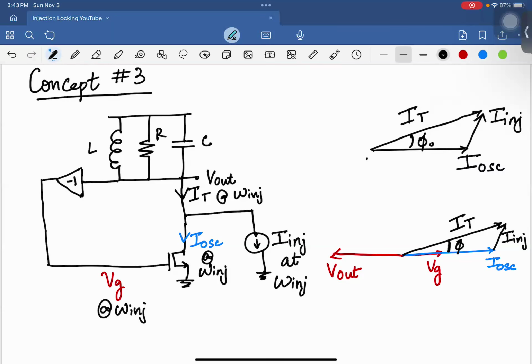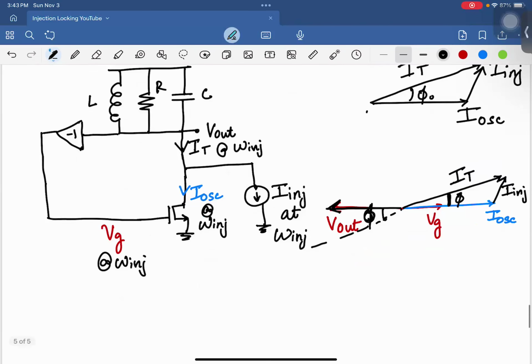That introduces a phase shift between I oscillation and IT. And that phase shift basically forces the tank to resonate such that the phase shift in the tank is equal to phi as well, so that you undo this phase shift between I oscillation and IT, and you restore the phase condition, right?